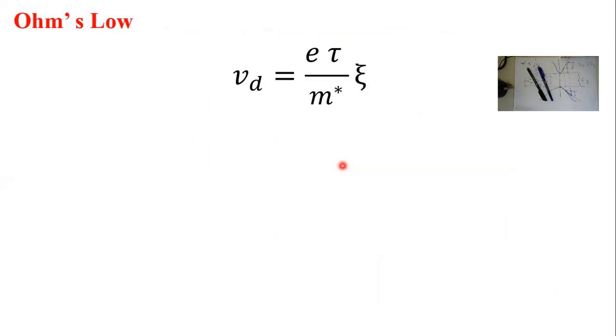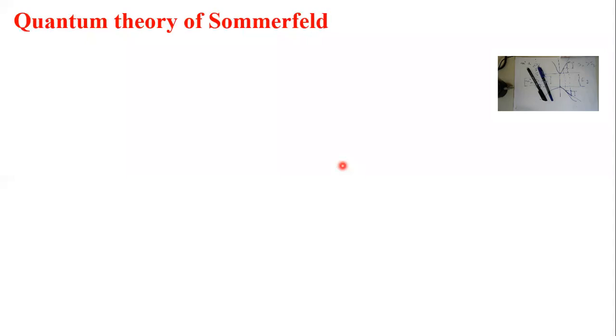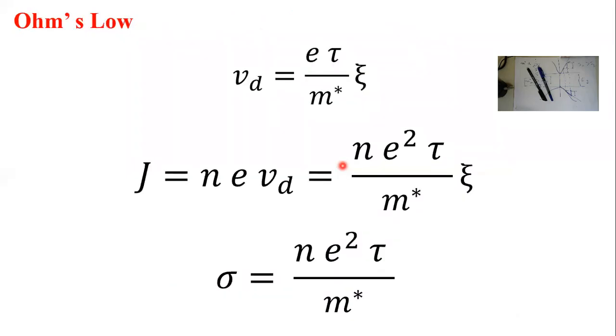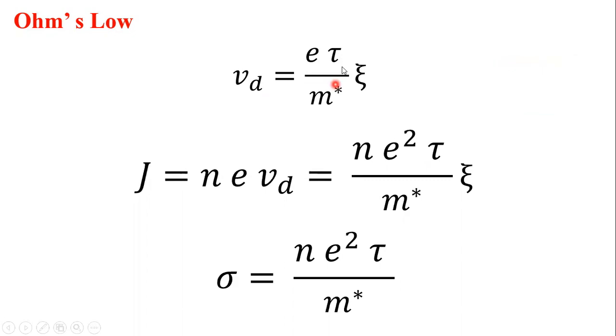Okay, so now we turn to the second question. If you remember, in the last part of part number 3, I said to you that our next target is to go more deeply into what N is in this equation.